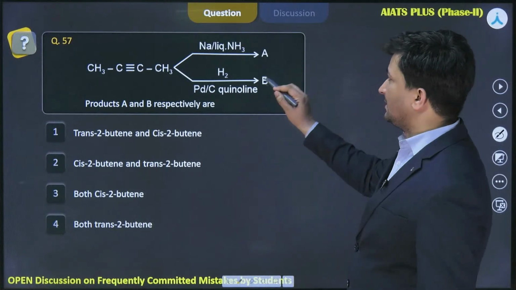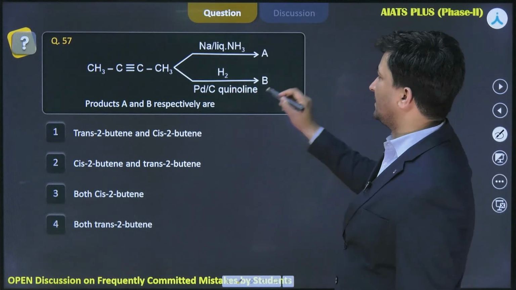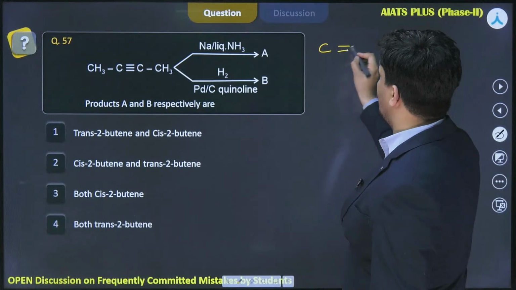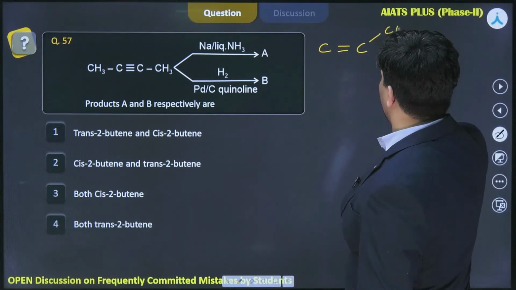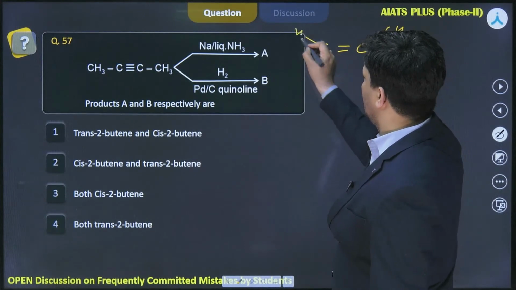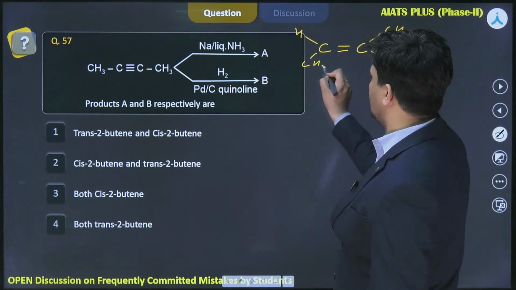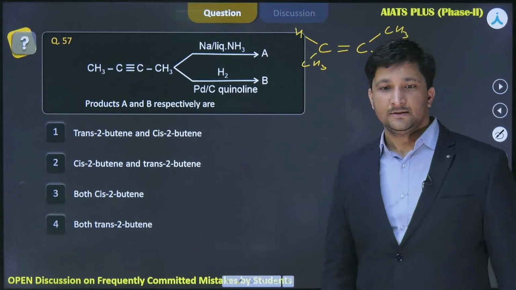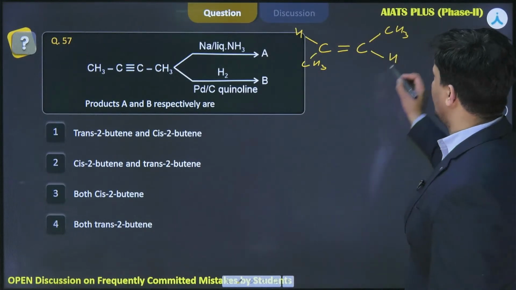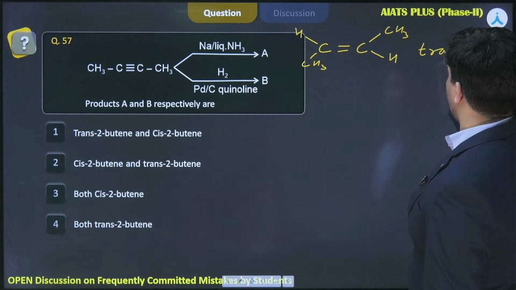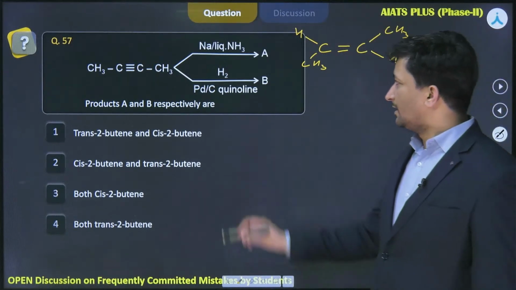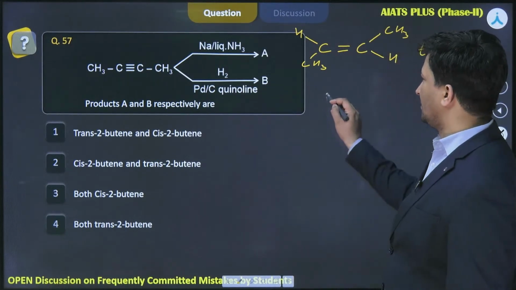If I talk about sodium in presence of liquid ammonia, it forms C double bond C with CH3, H, H, CH3. So this one is A and this is trans but-2-ene. But in case of B, what is it going to deliver?